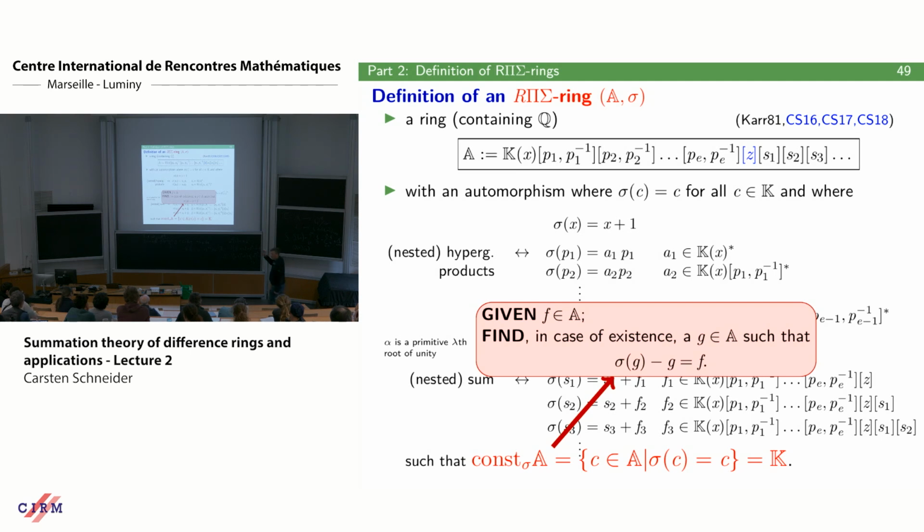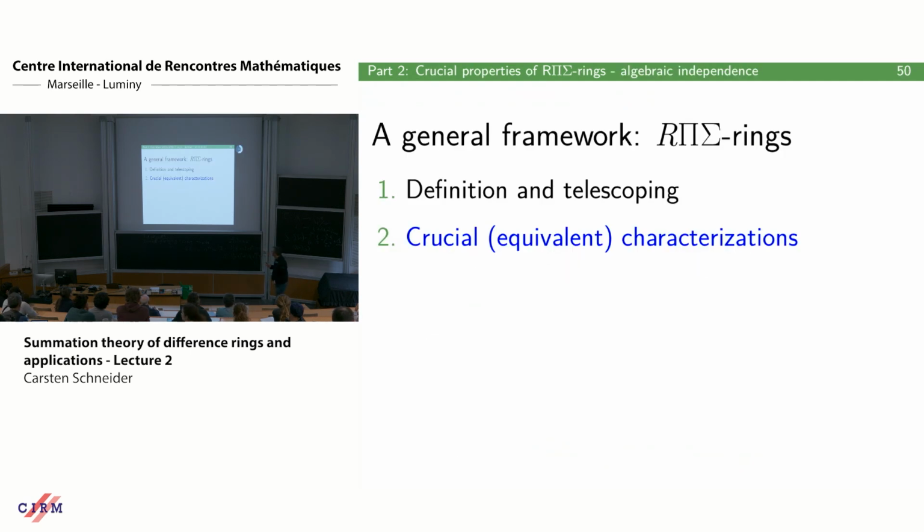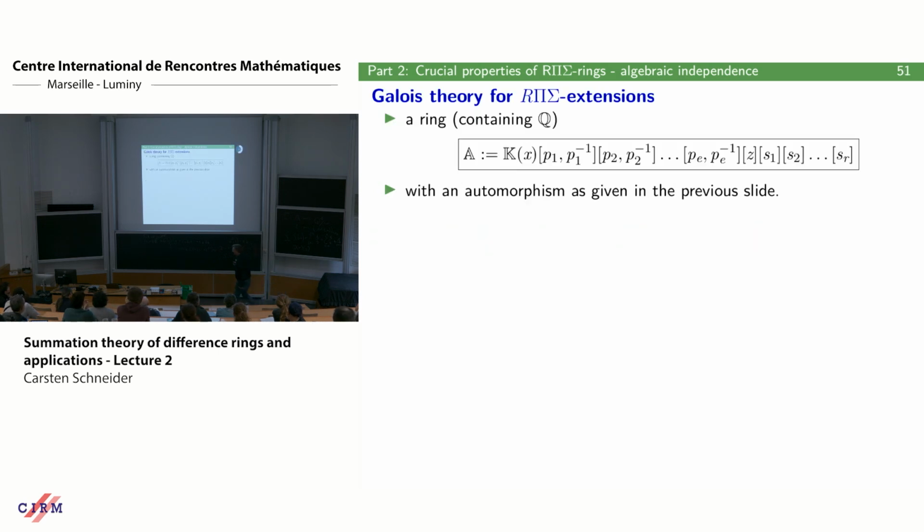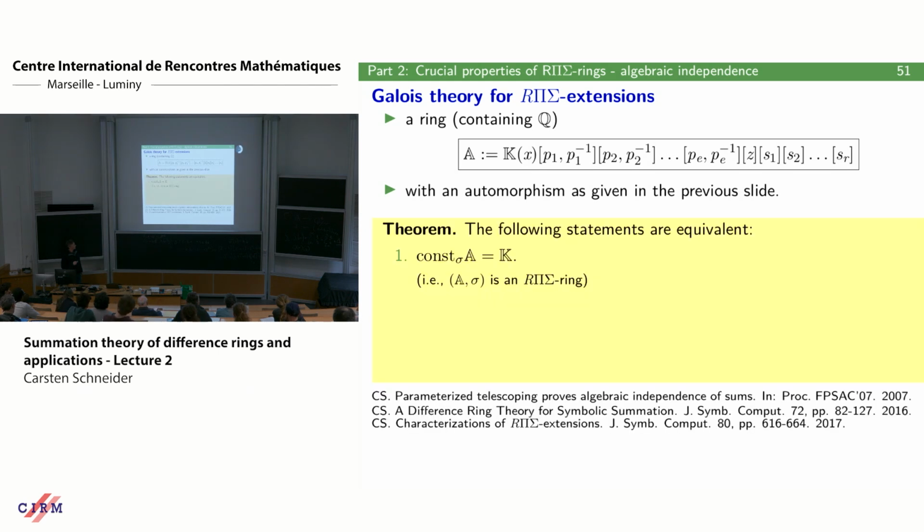Before I come to the construction point, I want to emphasize one other important thing, namely crucial equivalent characterizations. We take the naive construction, then the following statements are equivalent. First, I succeed not to extend the constants, so the constants remain unchanged.